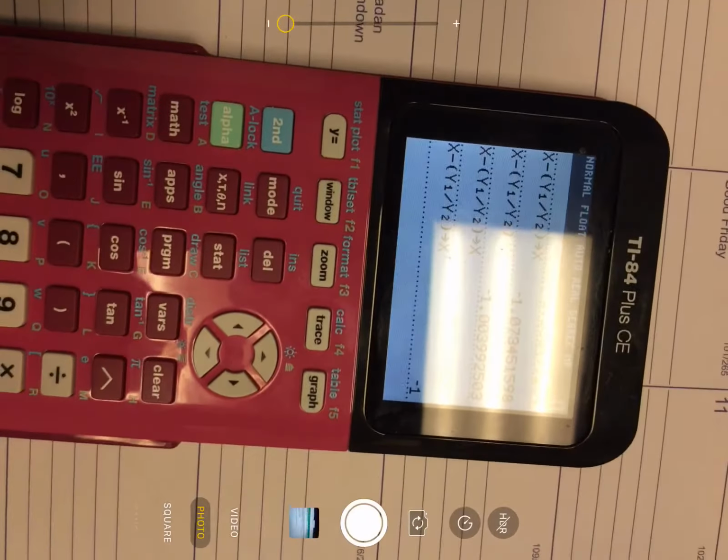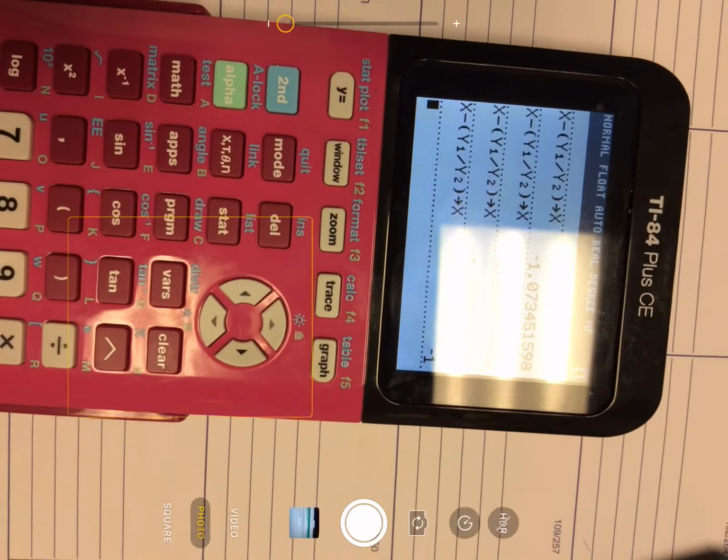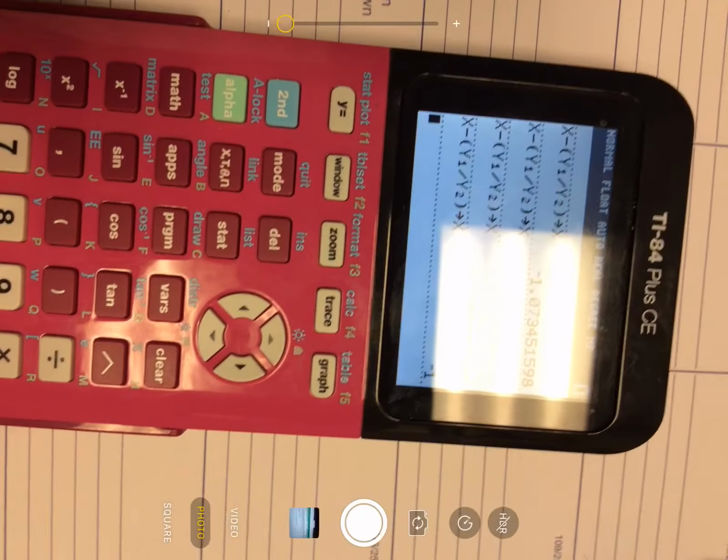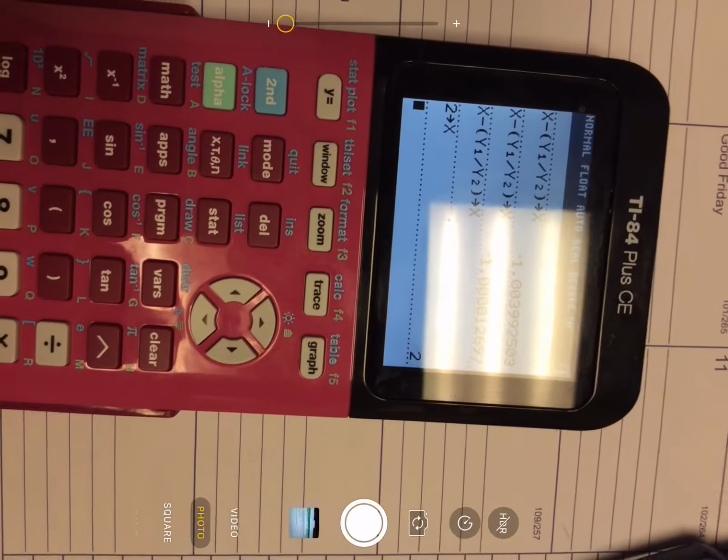And we said we were going to try, for a zero we could put positive, I don't know, we could put 2. How about let's do 2? So we're going to go 2 store x, enter.